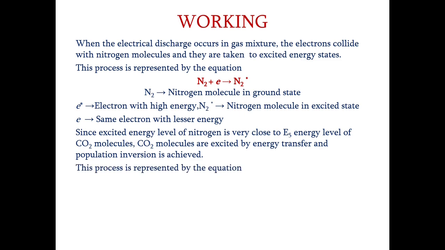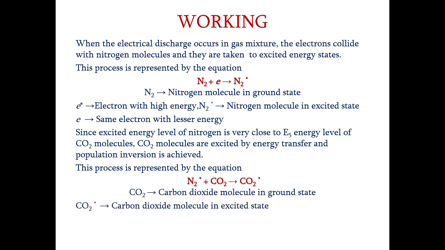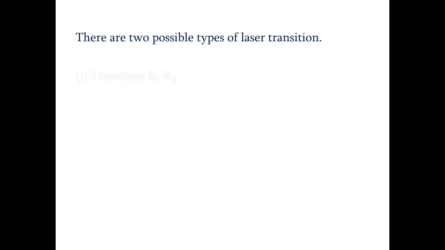This excited energy level of nitrogen is almost close to the E5 energy level of carbon dioxide. So these carbon dioxide molecules acquire energy by energy transfer, and we have population inversion created there. That means more carbon dioxide molecules are in the higher excited state compared to the lower, ground state.